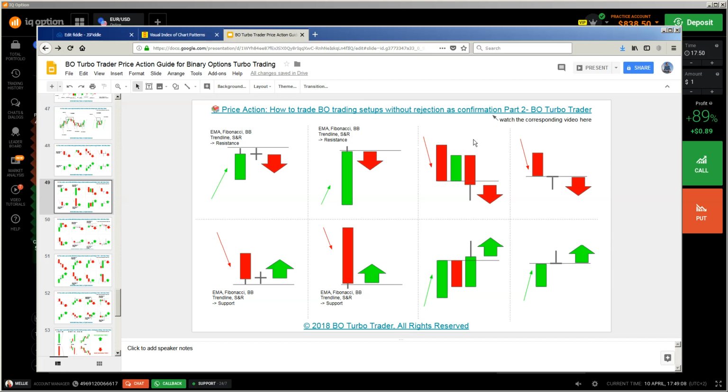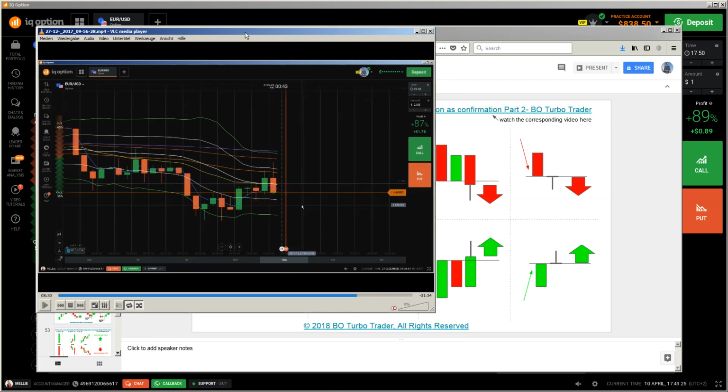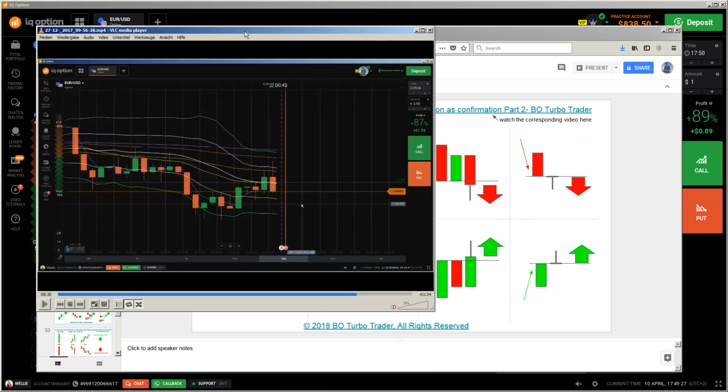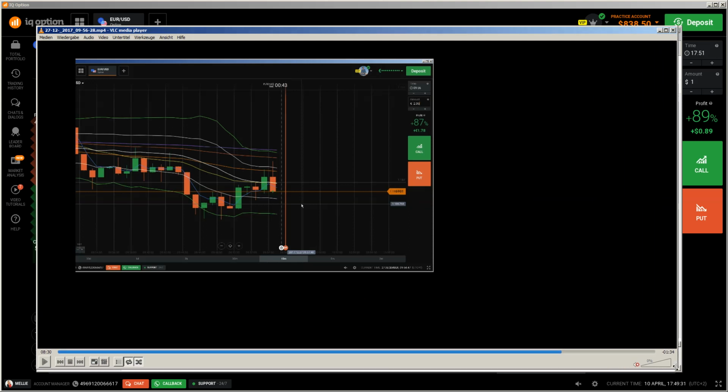This time we have this setup again here, but it's not looking exactly like this, it's looking different. You have to imagine this kind of setup which we are talking about, and I will explain how in this trade, and it's still in the same real account trading which I have shown you.